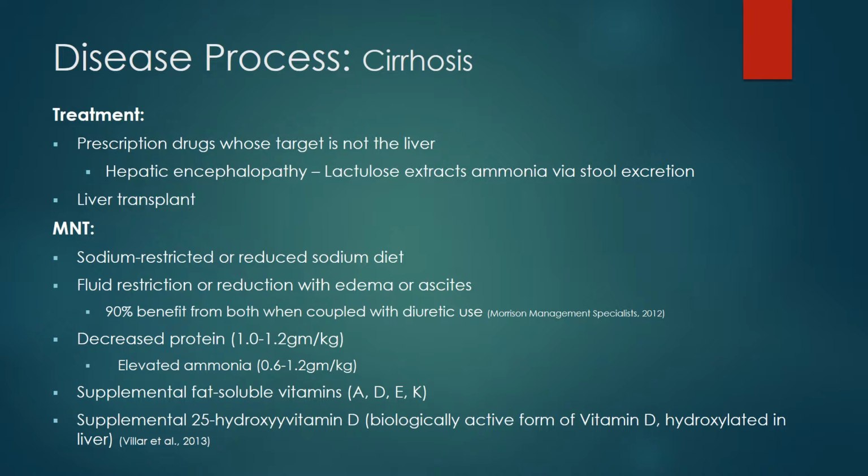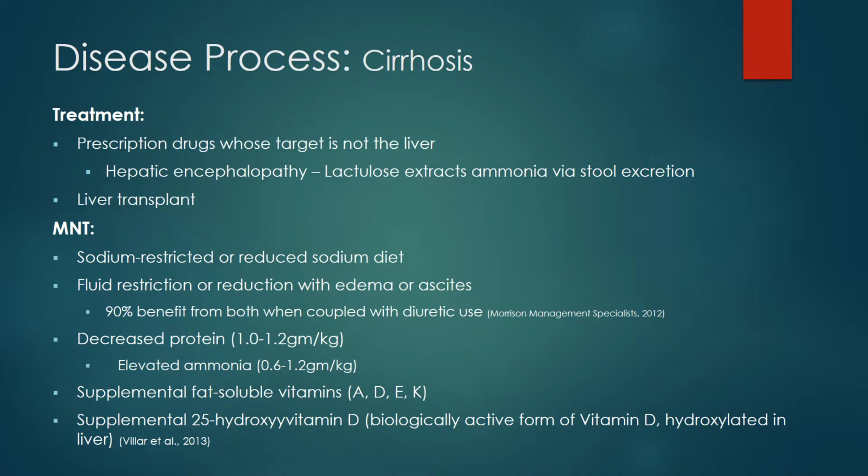And then also supplemental 25-hydroxyvitamin D, which is the biologically active form of vitamin D, has also been supplemented and shown some promise because vitamin D deficiency is very prevalent among patients with cirrhosis of the liver, because that biologically active form is actually hydroxylated within the liver.